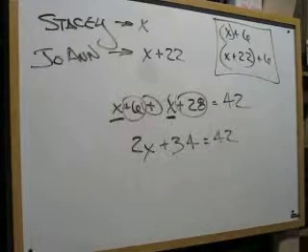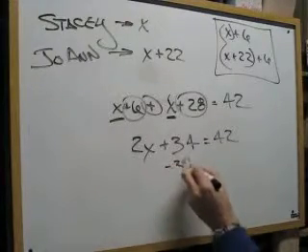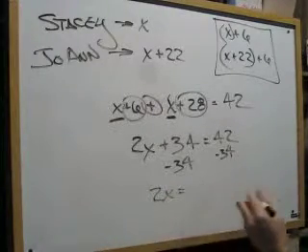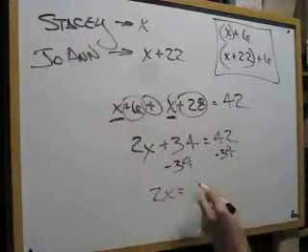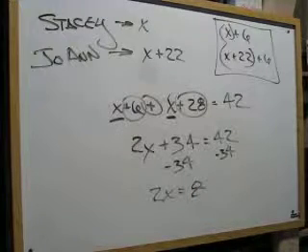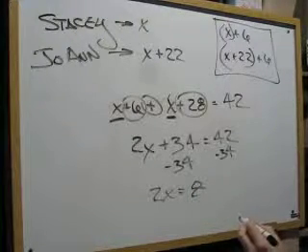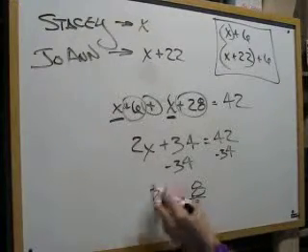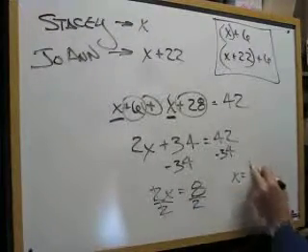Now we just start solving. Minus 34, minus 34. It gives me 2X equals 42 minus 34, which is 8. And then we divide by 2. So X is 4.